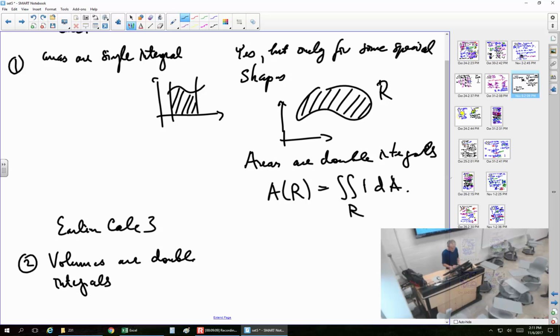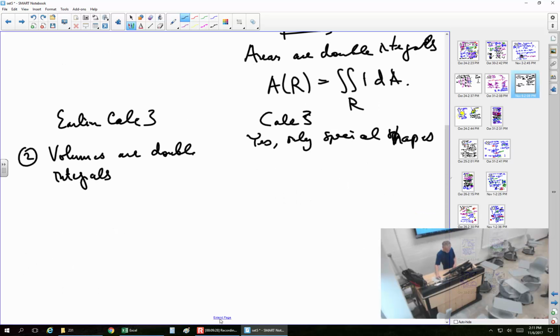In calculus 3, we say yes, but only special shapes. And by special shapes, I mean what we just discussed a minute ago, a surface like this.